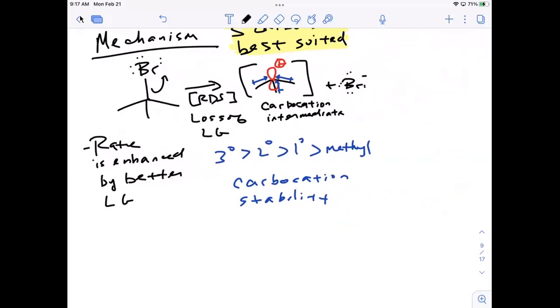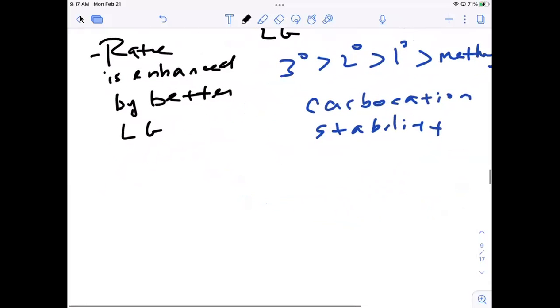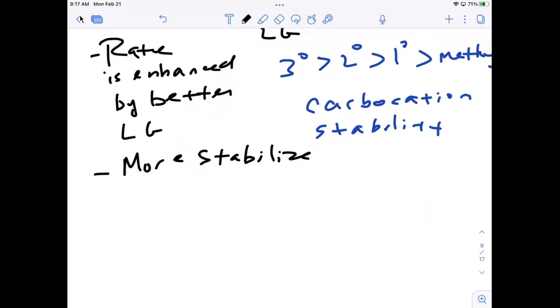When the leaving group leaves and I form this intermediate, what can I say about the intermediate? Do you want it to be less stable or more stable? More stable. So more stabilized intermediates also increase the rate.